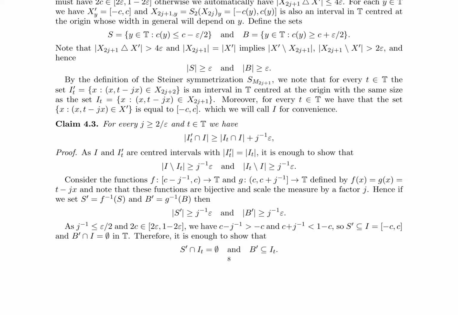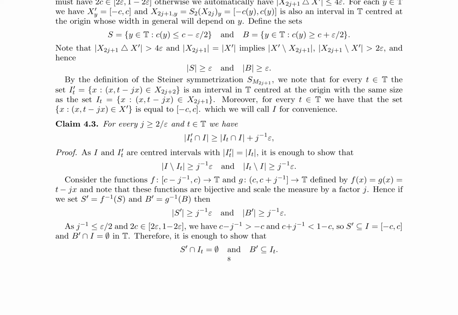The remainder of the proof involves a detailed analysis of the sets X_j and X, focusing on the case where X_(2j+1) Δ X is greater than 4ε. This leads to the definition of the sets S and B, which are used to establish claim 4.3. This claim states that for every j greater than or equal to 2, ε and t element of T, the intersection of the sets I_t and I is bounded below by the intersection of the sets I_t and I, plus an additional term involving j and ε.